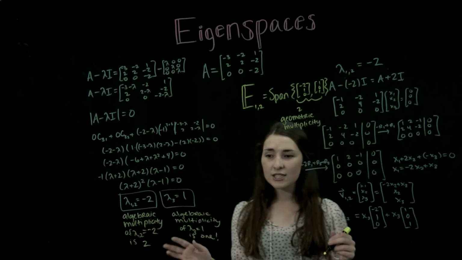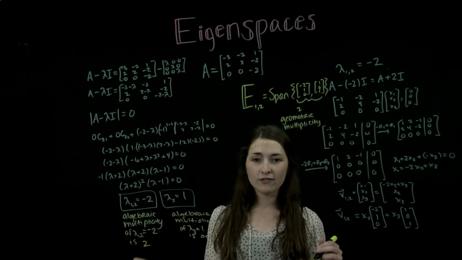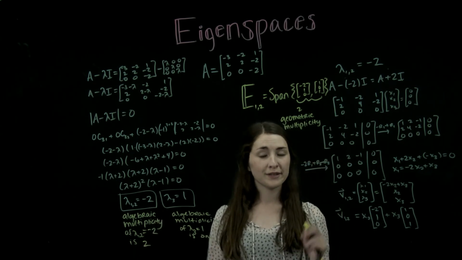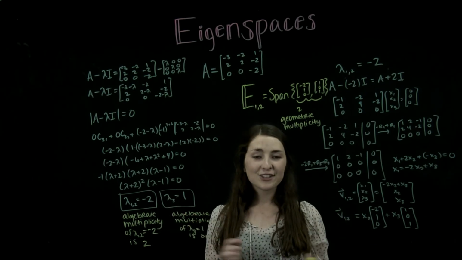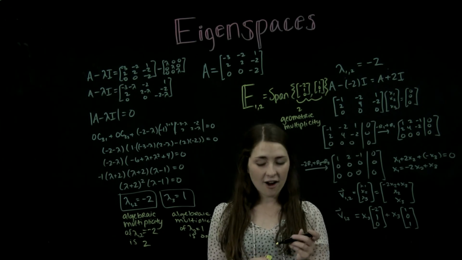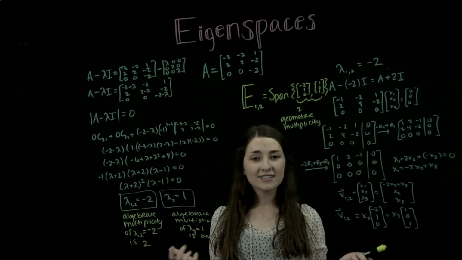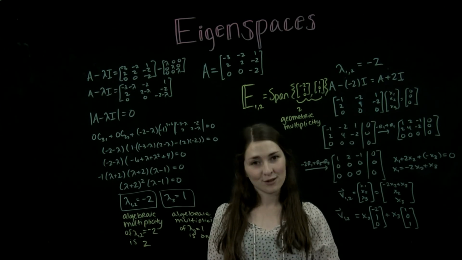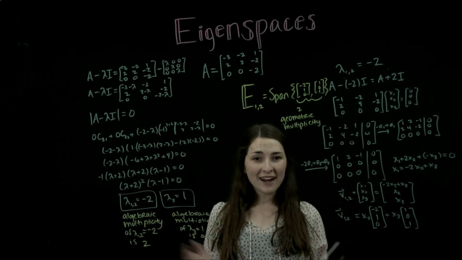So in this case, we had for our eigenvalue of negative 2 an algebraic multiplicity of 2 and a geometric multiplicity of 2. So we can then confirm that yes, indeed, our geometric multiplicity is always less than or equal to our algebraic multiplicity. So this has been eigenspaces.